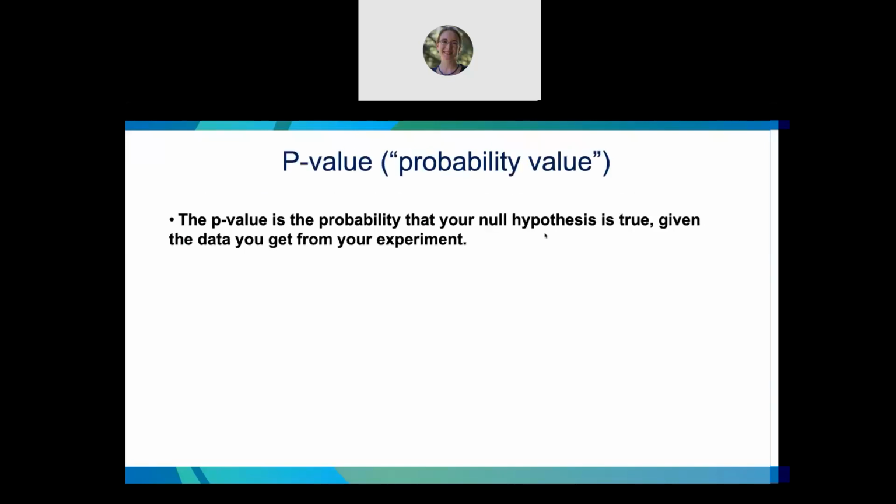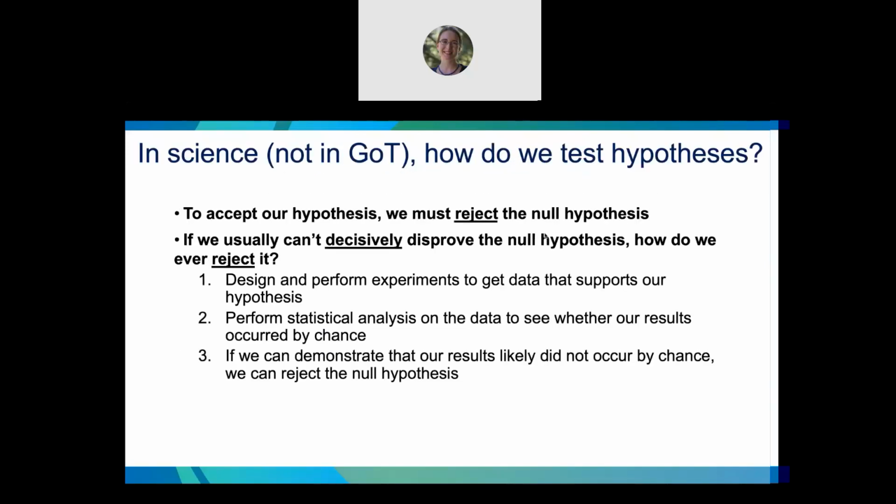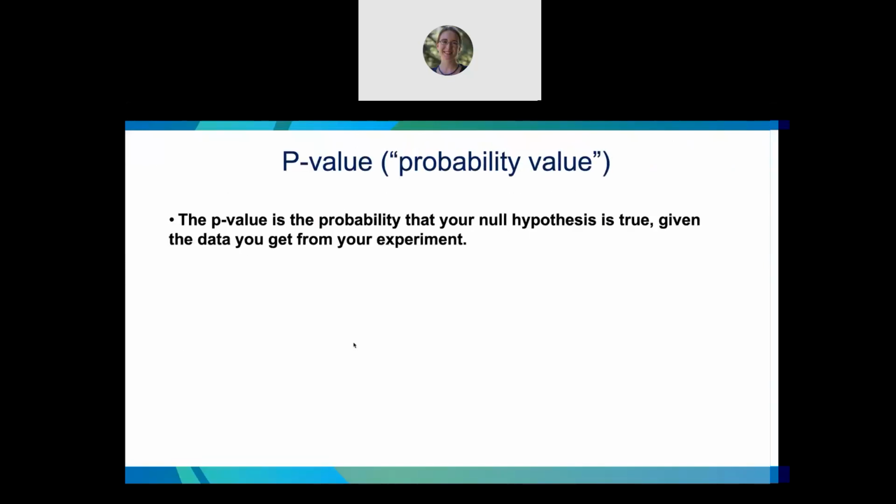So let's talk about, I said in the previous slide, one of the important steps for rejecting a null hypothesis is to perform statistical analysis on our data to see whether our results occurred by chance. Well, what does that statistical analysis look like? It looks like calculating a probability value or a p-value.